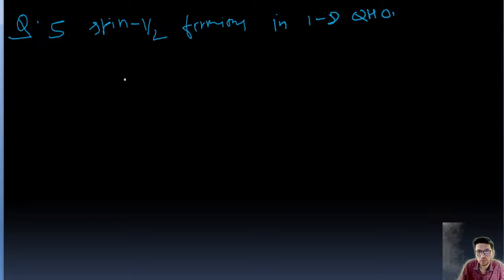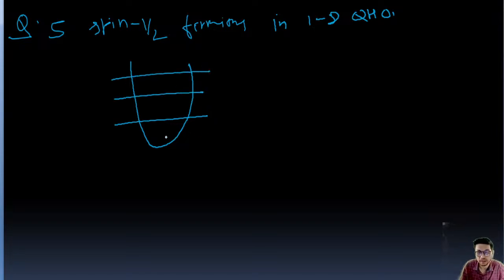Okay, so simple, these are the harmonic oscillator energy levels. For 1D, this is 1 by 2 h cut omega, this is 3 by 2 h cut omega, and this is 5 by 2 h cut omega.